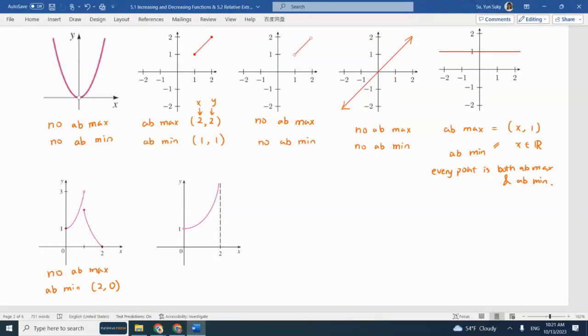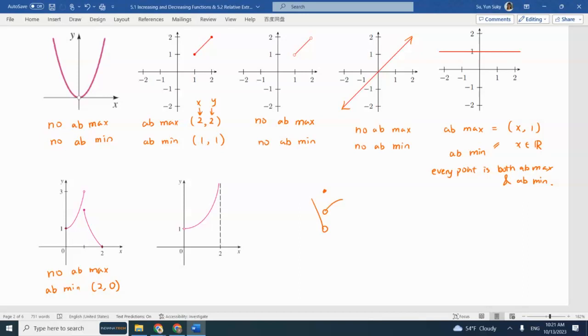But if I have something like this, do we have an absolute max?